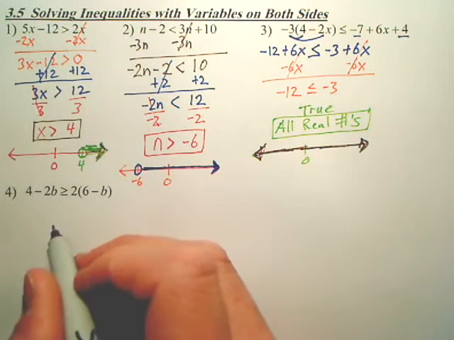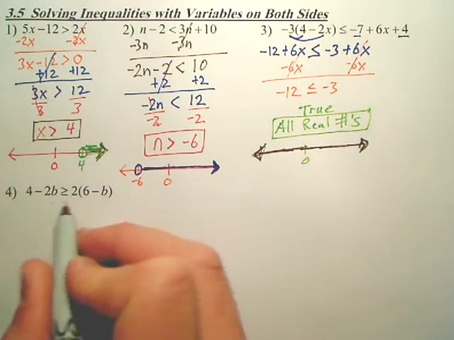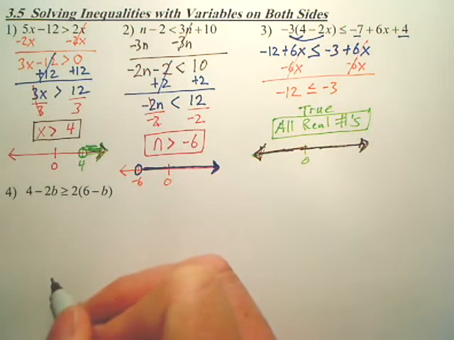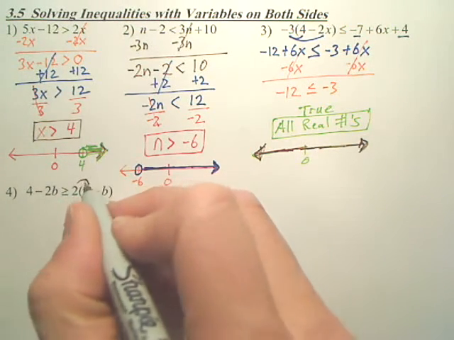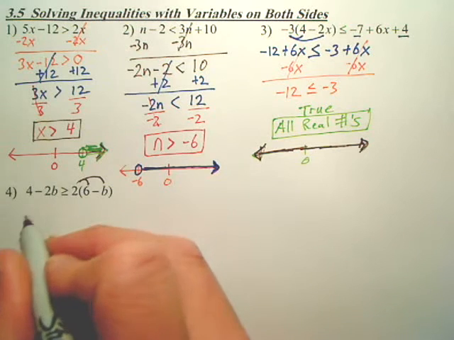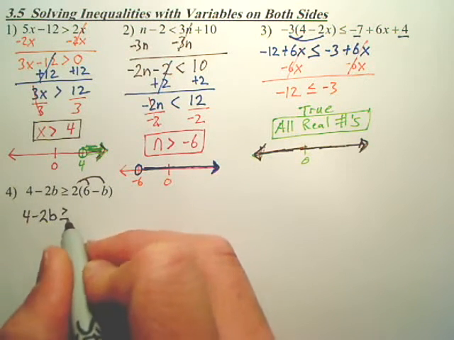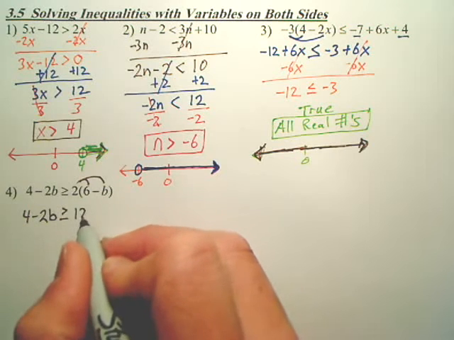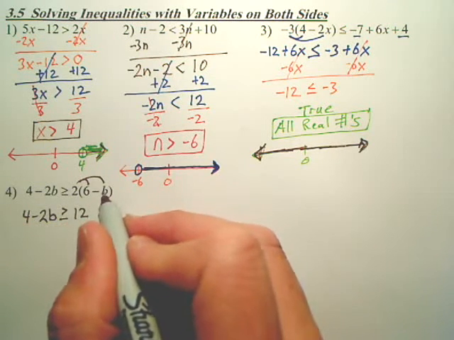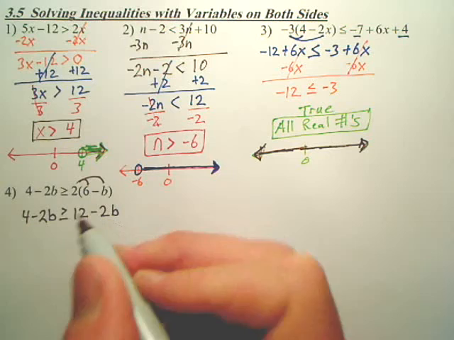Okay, let's do one more. Number 4 here. I first have to distribute right here. This one has nothing to combine over here, so 2 times 6 is 12. 2 times negative b is negative 2b.